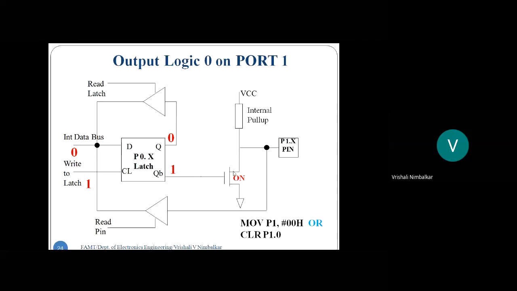Whenever this MOSFET is on, a large amount of current is going to flow through this resistor, and there is going to be a voltage drop, V equals I times R. What is the voltage drop across the resistor? The current flowing through it times the resistance value. And how much is this voltage drop? It is equal to VCC. So what is the node voltage here? VCC minus VCC, which is 0.